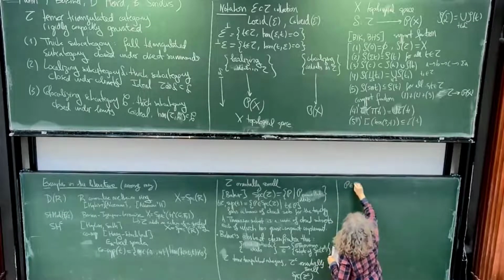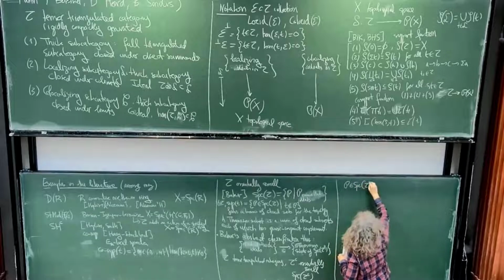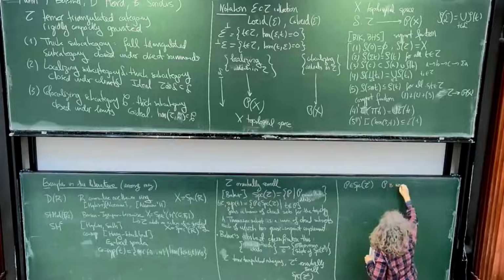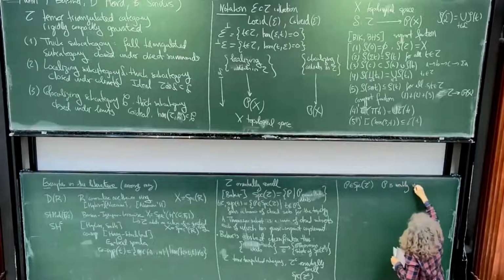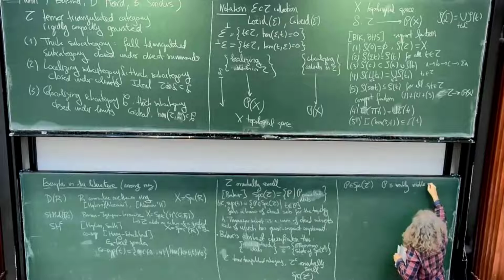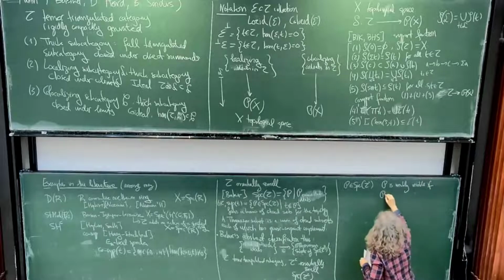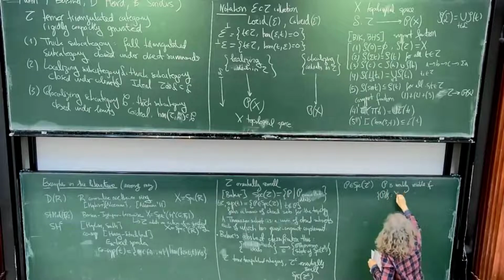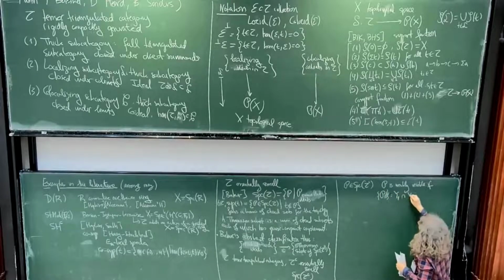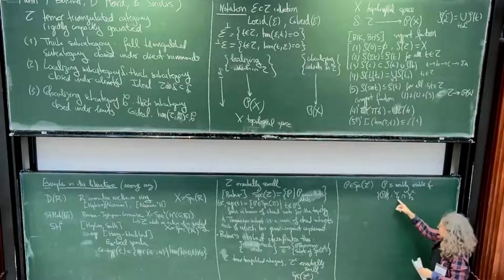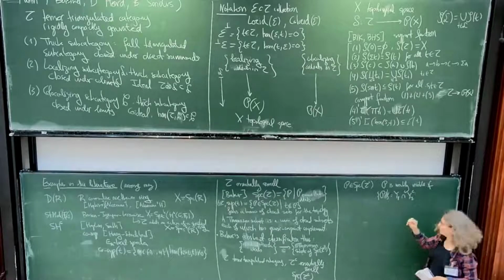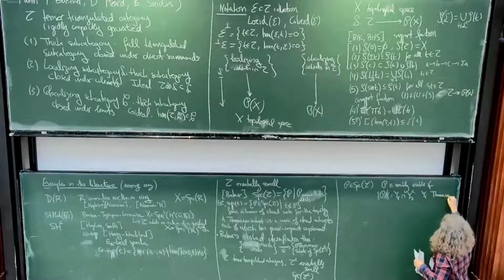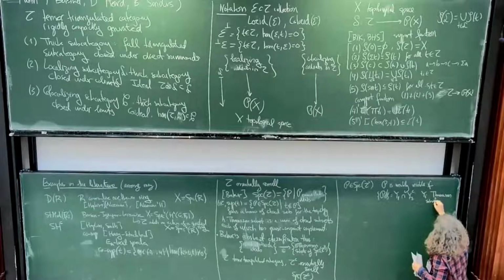I take a prime in this topological space, and I say that this prime is weakly visible if this prime, as a singleton, can be described as the intersection of a Thomason subset and the complement of a Thomason subset.